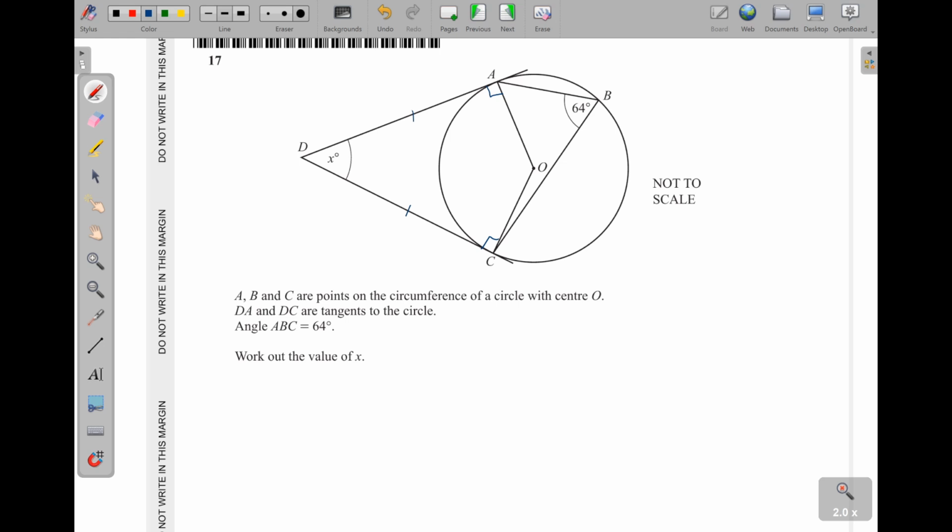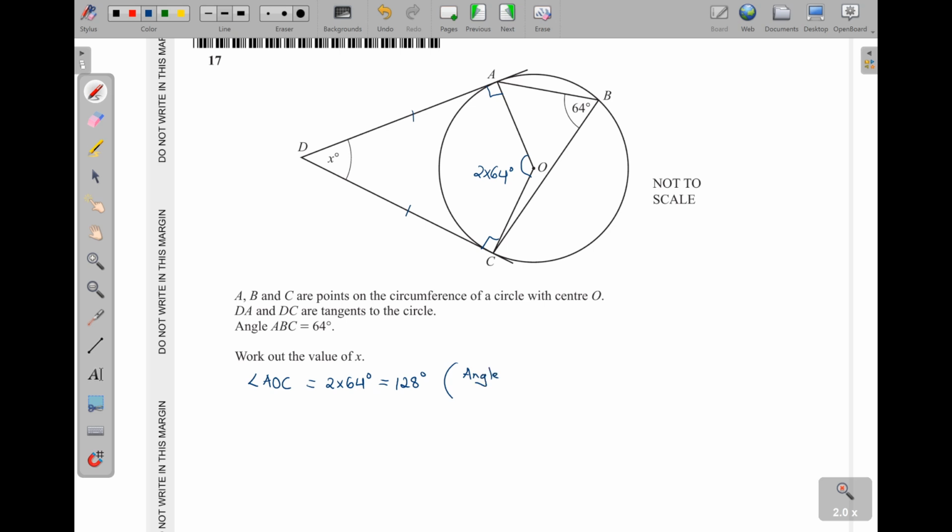Now I need to first get the angle at the center, which is going to be twice that 64. Let me write everything here. Angle AOC is going to be equal to 2 times 64, which is equal to 128. What is the reason?